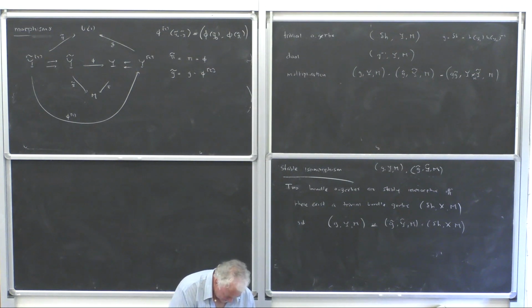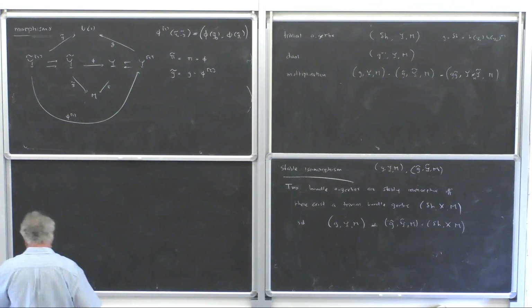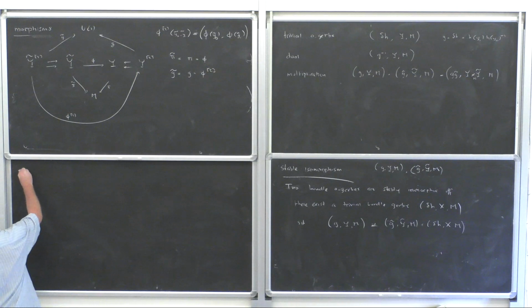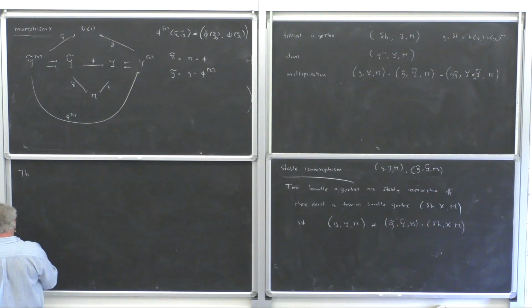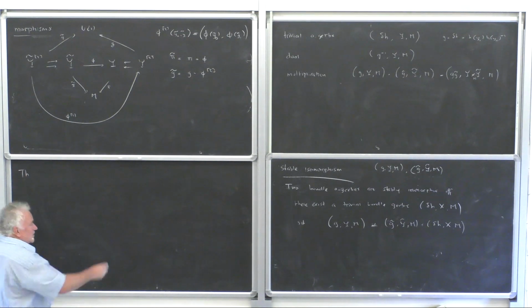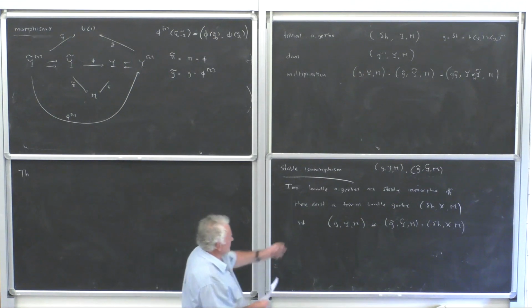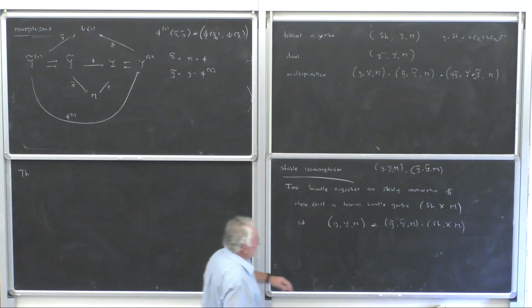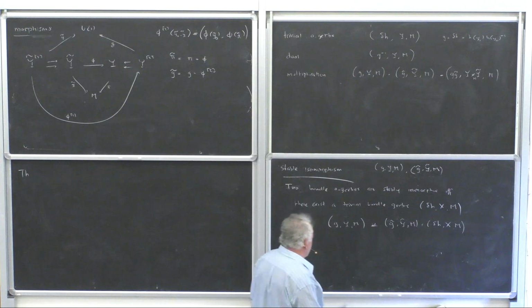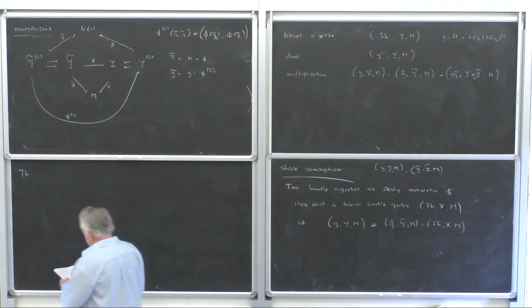Okay, so I won't need to tell you what a principal G bundle is, but just the theorem here. I already said that bundle gerbes form a group where the trivial element is the trivial bundle gerbe, the identity element.